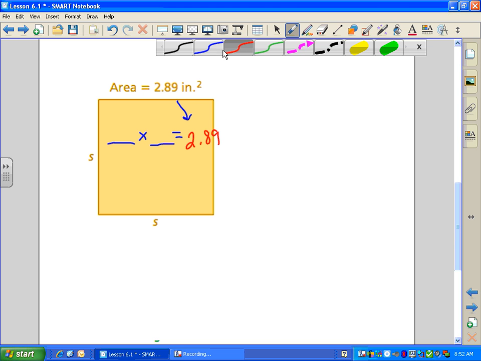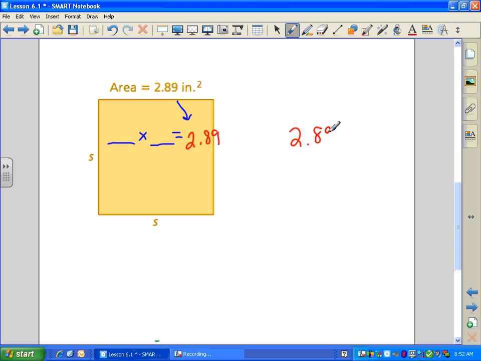Easiest way to do this, take your calculator, type 2.89 into your calculator, hit the square root button, bada bing, bada boom.